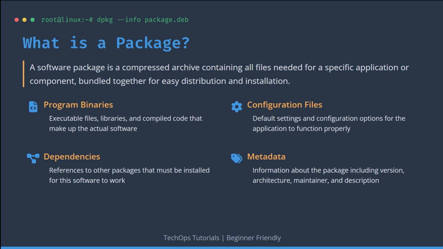This includes important information like the version of the software, what system architecture it's for, and who maintains it. And the next is dependencies. These are other packages or software that the application needs in order to run correctly. Without these, the program might not work properly.